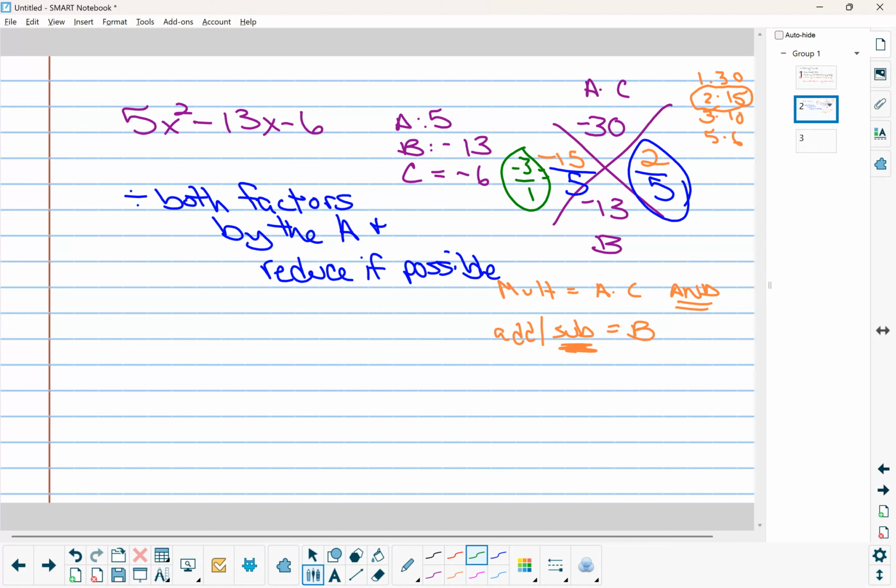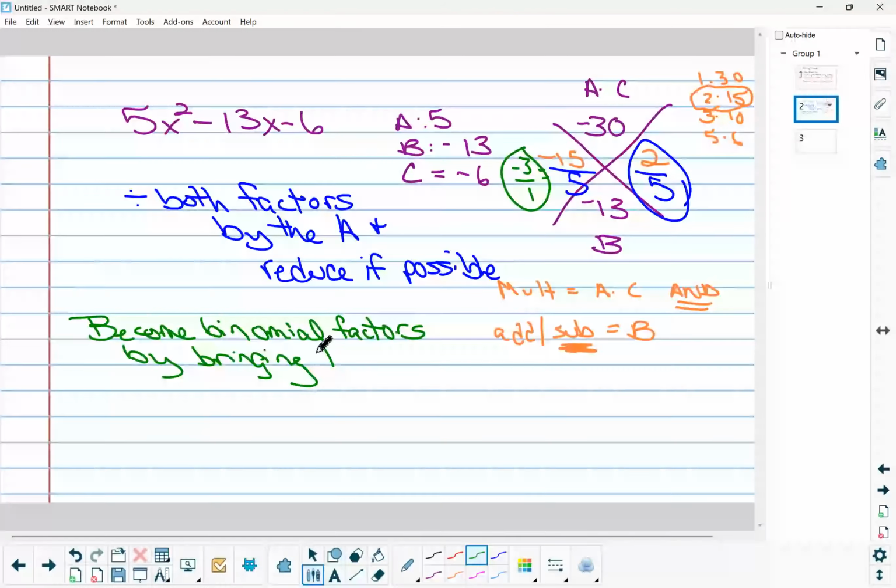Okay, so now our circled terms actually become our binomial factors. And they become binomial factors by bringing the bottom number up and giving it a variable.